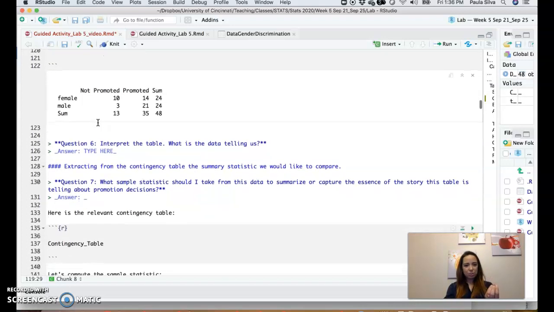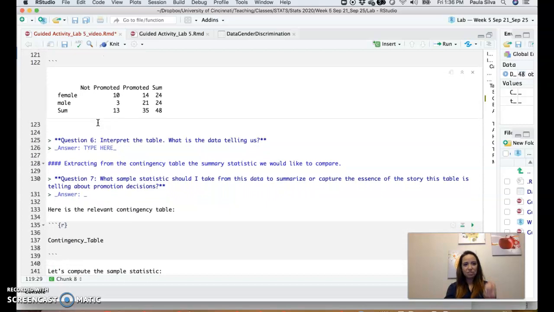The summary metric I could compute is the proportion of females that were promoted, 14 divided by 24, the proportion of males that were promoted, 21 divided by 24, and subtract one from the other to get the difference in promotion decisions in percentage. Percentage difference in promotion decisions would be the sample statistic of interest, right?